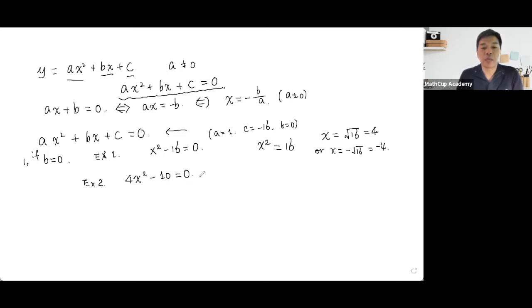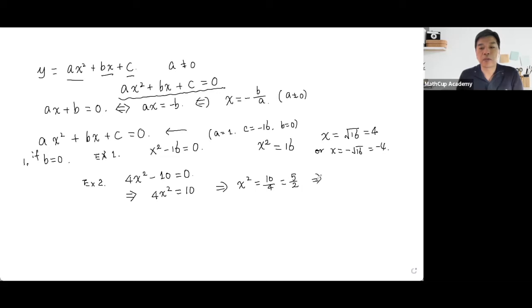So this means that 4x squared is going to equal 10. That means x squared is going to equal, when I divide both sides of the equation by 4, we have x squared equals 10 over 4, which equals 5 over 2.